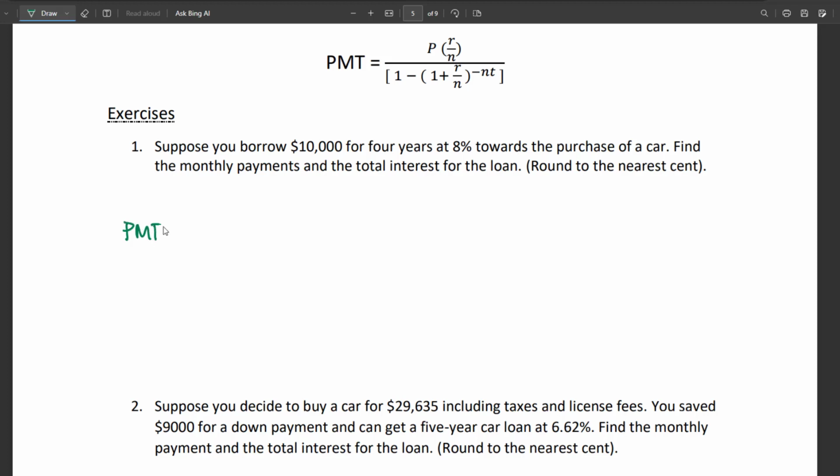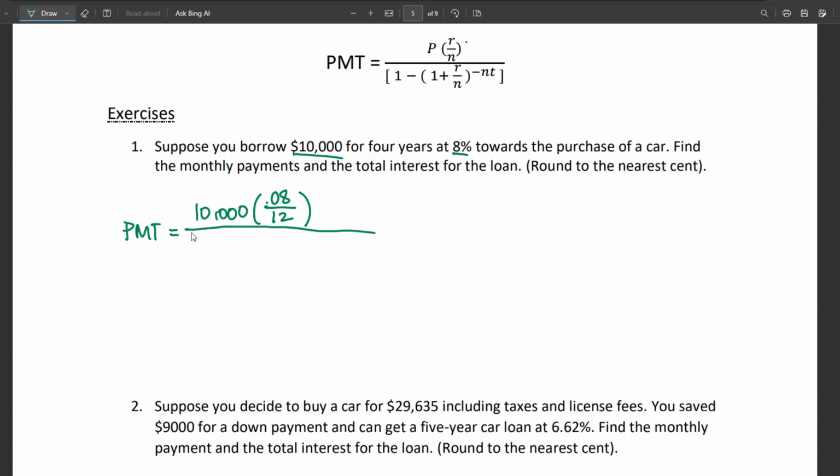So our payment equals, we have P, which is our principal. That is the money that we borrow. So $10,000 times R over N. So 8%, R equals 0.08, and then N equals 12.